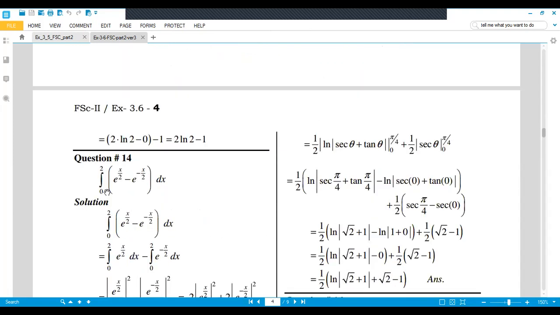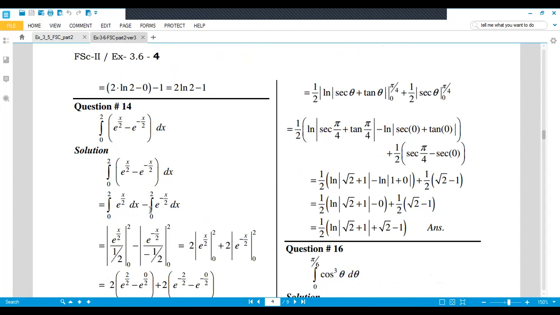Number 14, you know that the exponential function's integral is as it is, and its power's derivative will come in the denominator. So here, from 0 to 2, the integral of e power x over 2 minus the integral of e power minus x over 2 dx. The integral of e power x over 2 is the same as it is, e power x over 2, and the derivative of the power x over 2 is 1 over 2.